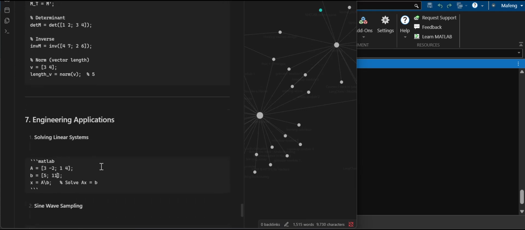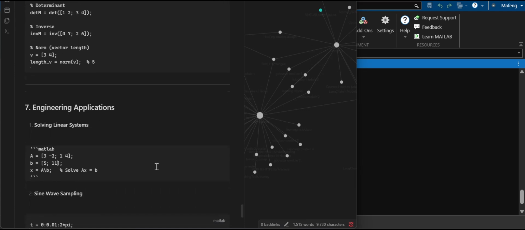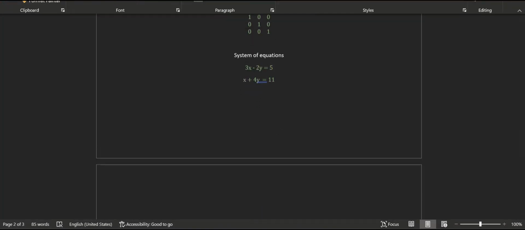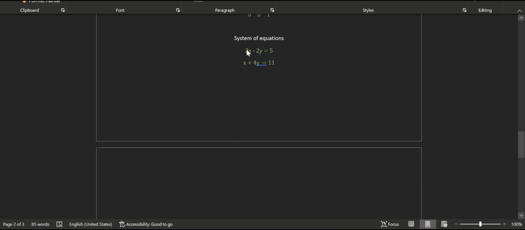Right, so the last thing we're going to do is solve a simple system of equations. I've written it out here. So we have two simultaneous equations here. We're looking for x and y. We would solve this sort of the way you would use Cramer's rule, right?